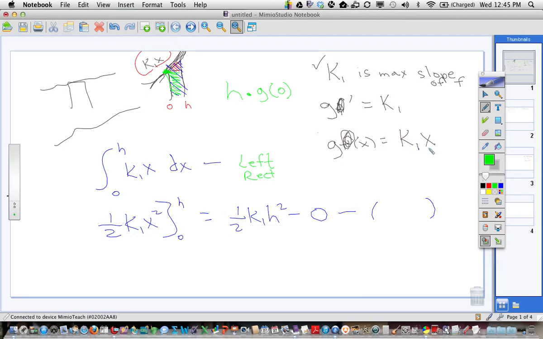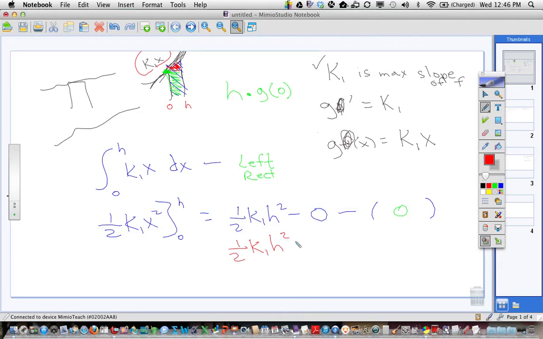That makes sense, because a line like K1x is just a line right through the origin. So it's 0 to 0. But it wouldn't matter. The algebra is easier if we go from 0 to h. We could have gone from h to 2h, or 2h to 3h, whatever. It works out. So that's going to be 0. So it turns out that the red amount of area, the red error, is 1/2 K1 h squared.